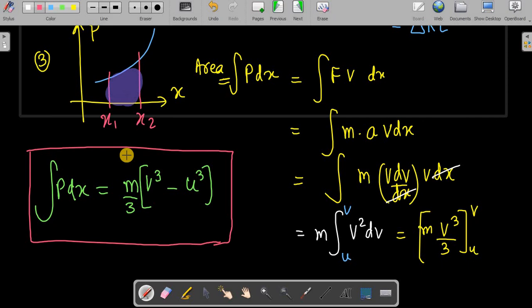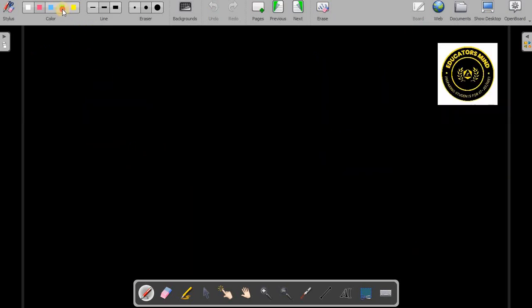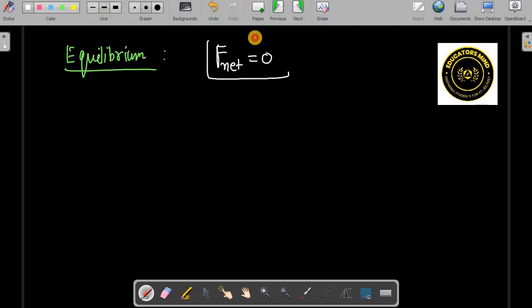Then let's move to the concept of equilibrium. What is meant by equilibrium? Here we are talking about translational equilibrium, which means the net force acting on the body is equal to 0.